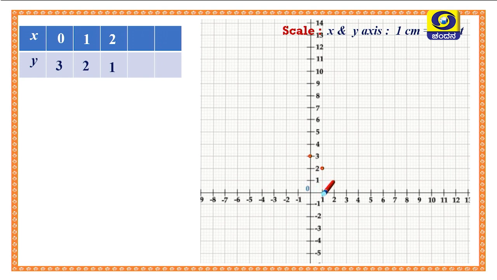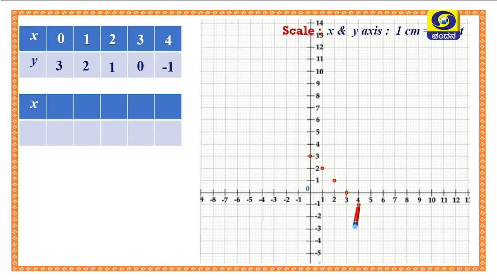Yes, very good. 3, 0. Right. 4, -1. Next step, join all these points, it becomes one straight line.